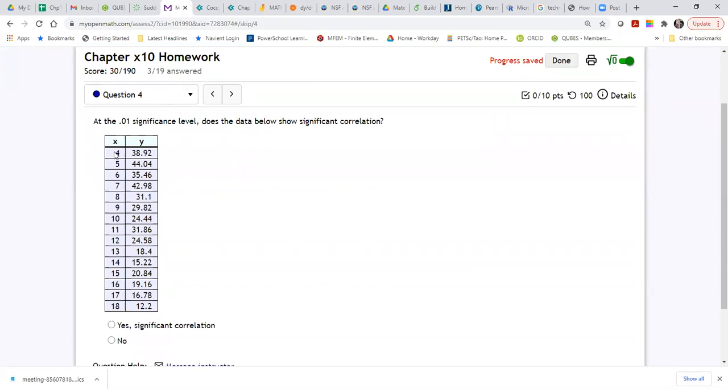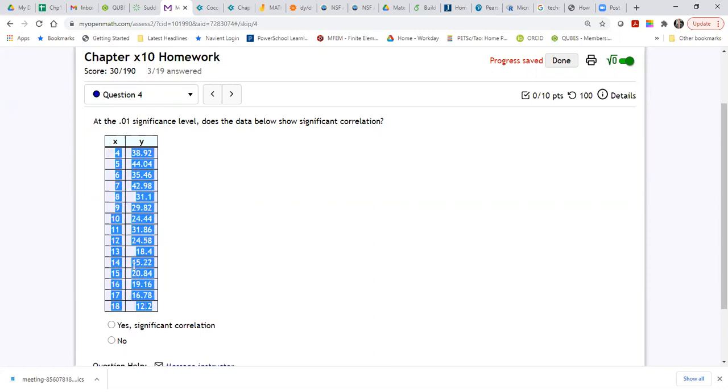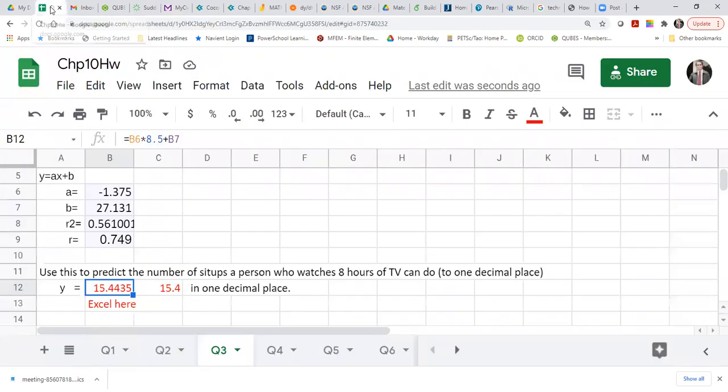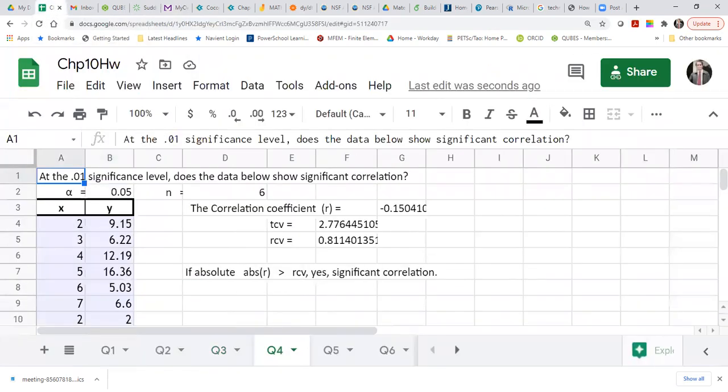The next one, in order to determine if it's significant, you need to find the array. Let me go to number 4.